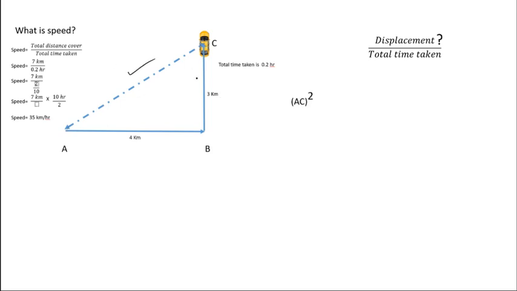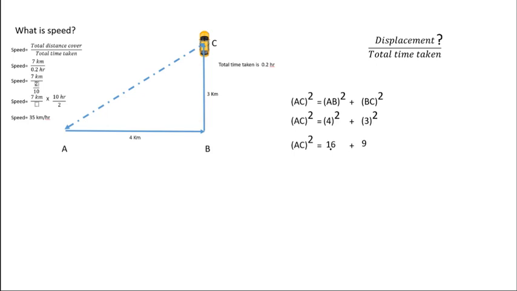AC square is equal to AB square plus BC square, right? So AC square is equal to 4 square plus 3 square, right? So this is 3 and this is 4, and therefore AC square is equal to 16 plus 9.